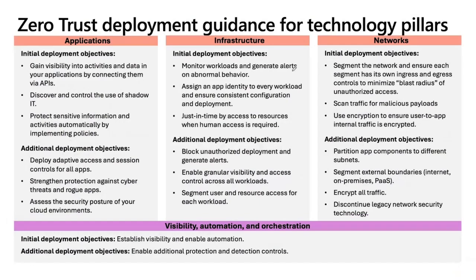We can use encryption to ensure any user-to-application internal traffic is encrypted. So in network, we use segmentation, we use ASG, application security group, network security group. These are the components that we should have in our objective if we want to implement this. Segmenting and encrypting all traffic all come under this kind of approach.